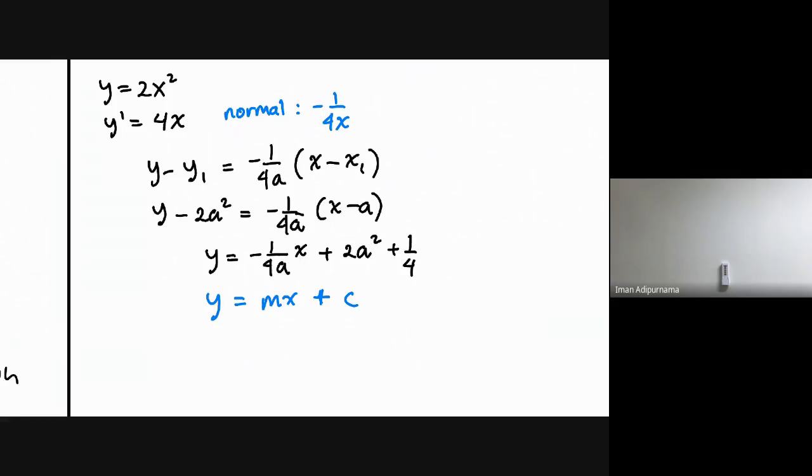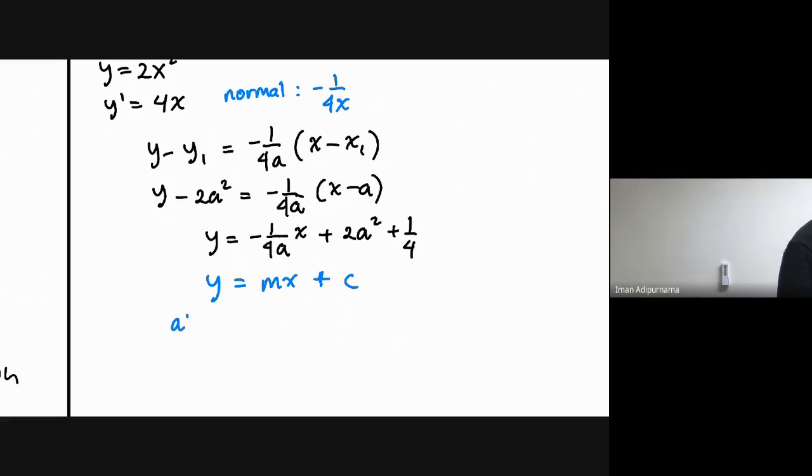So when x is 0, y is C. So C is 2a squared plus 1 over 4.